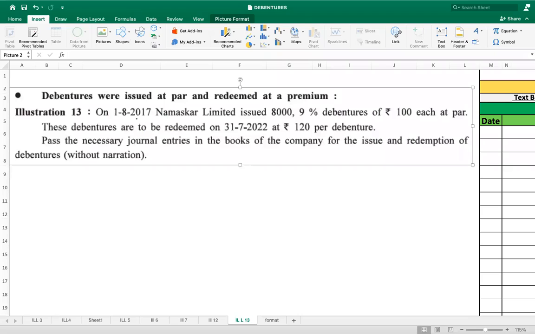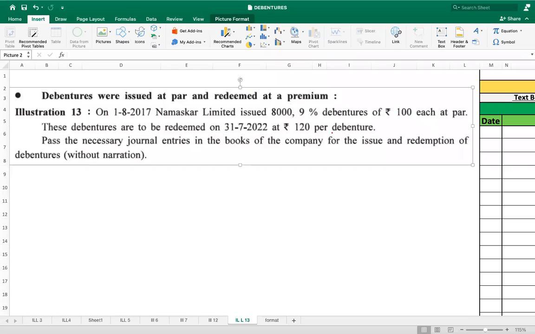Illustration 13. On 1/8/2017, Namaskar Limited issued 8,000 9% debentures of 100 each at par. These debentures are to be redeemed on 31/7/2022 at 120 per debenture.